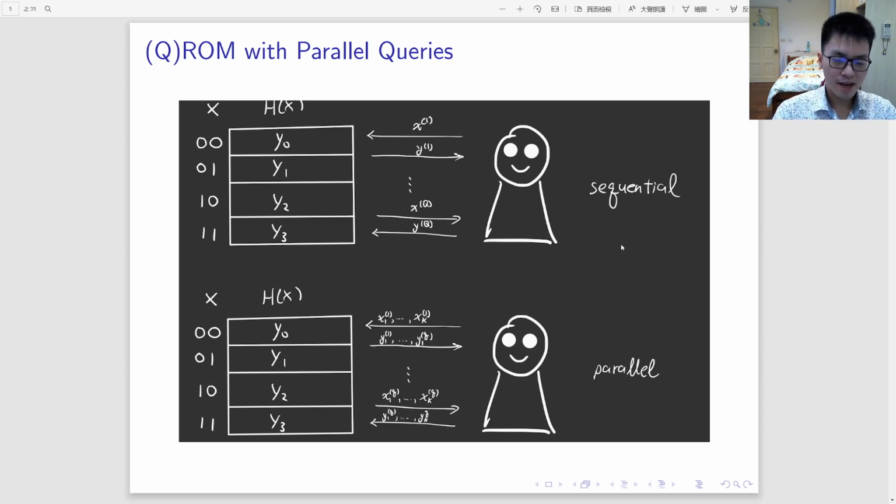However, we require that the queried data points be non-adaptive in a single query round. That is to say, in a single query round, these data points should not depend on their queried outputs.